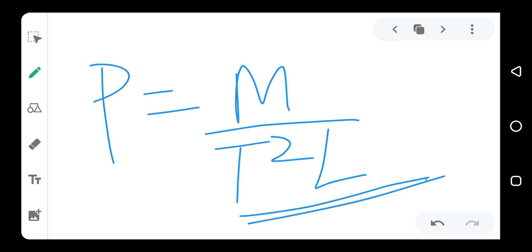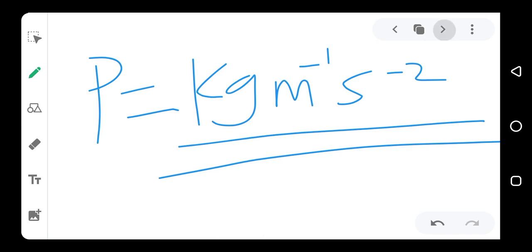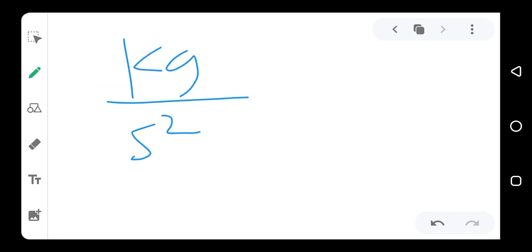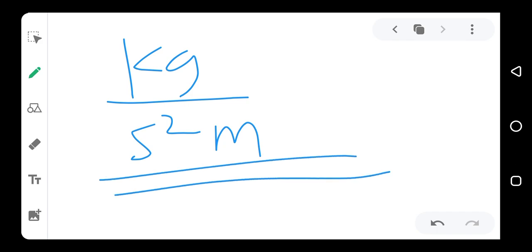So if we are writing it like this without trying to put it in a straight line, we may ignore the superscript if it is 1. So we put only second there, meter. So this is also correct for the unit of pressure.